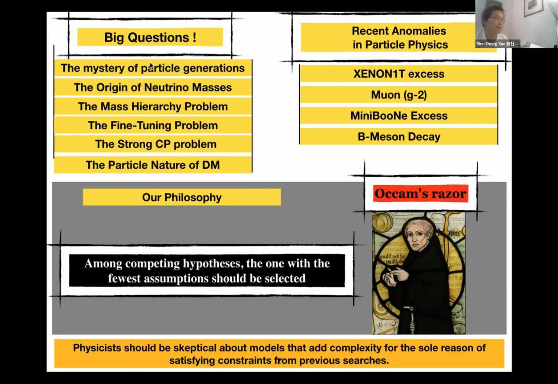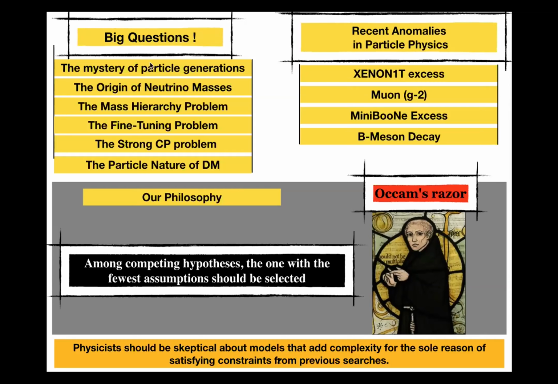Also the origin of the mass of the fermions, in particular neutrino masses, and the hierarchy problem of the masses from the top quark to the neutrino. Another is related to fine-tuning or the strong CP problem. These are all theoretical issues apparently needing new physics beyond the standard model.